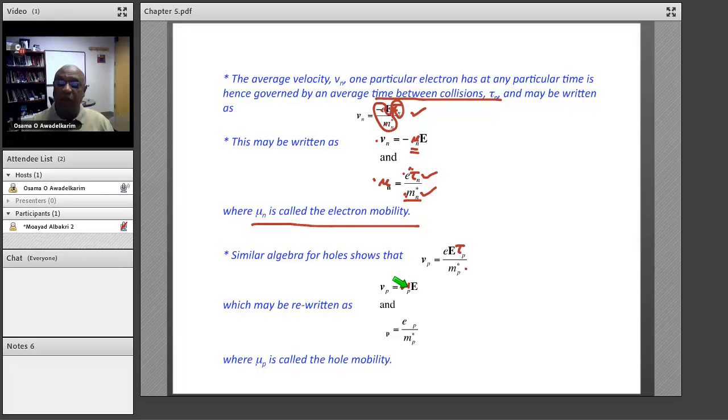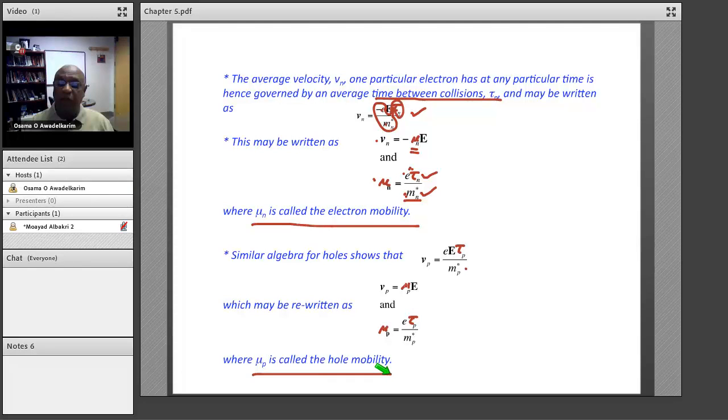So the mobility mu p for holes is similar to the mobility for electrons, except that the average time between collisions is now for holes, and the mass is the effective mass for holes. And so now we have the hole mobility.